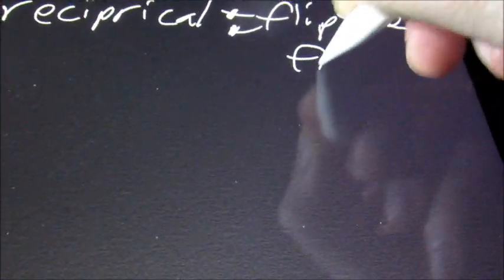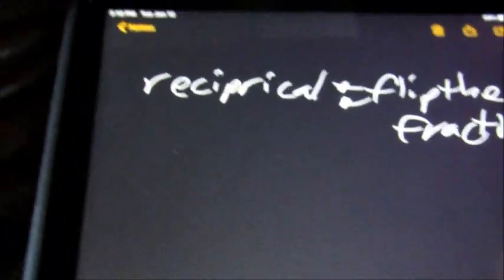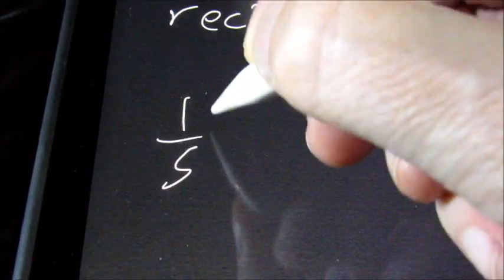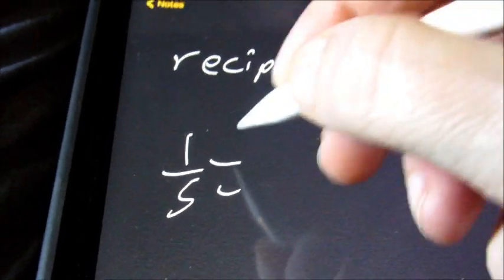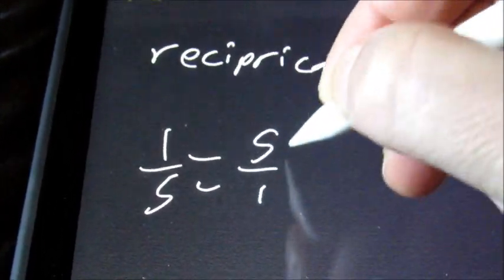So to divide, what we're going to do is take the reciprocal of the second one, and the reciprocal just means that you flip the fraction. So just to start with, if we have 1 over 5 and we were to flip that, it would become 5 over 1, or 5.